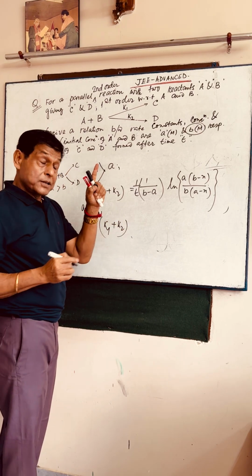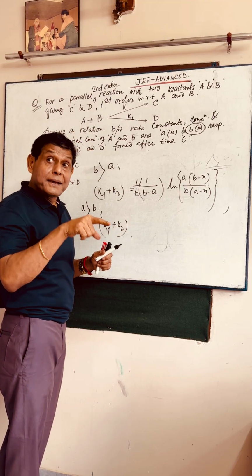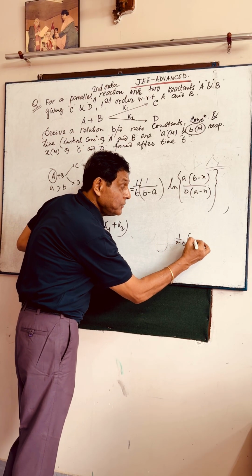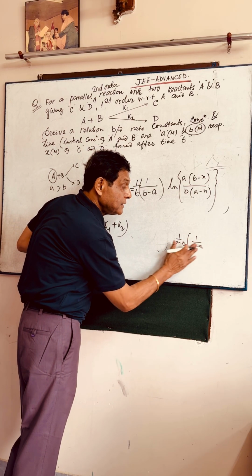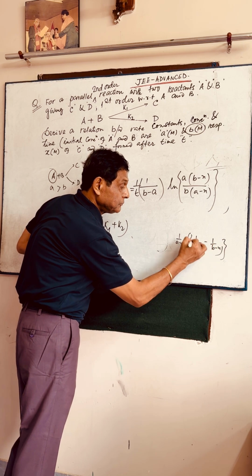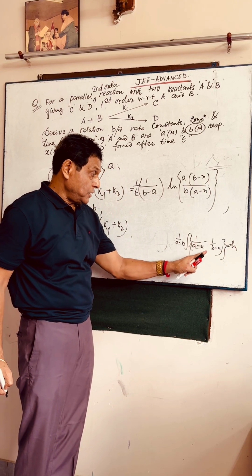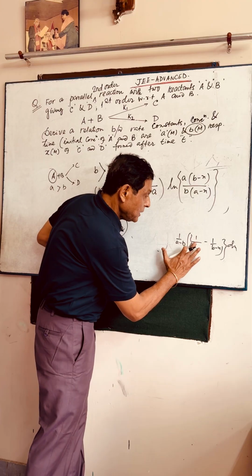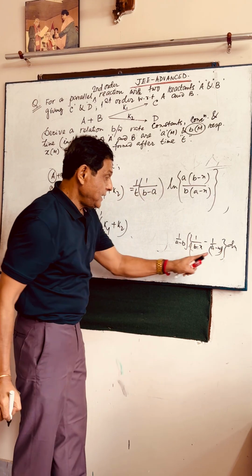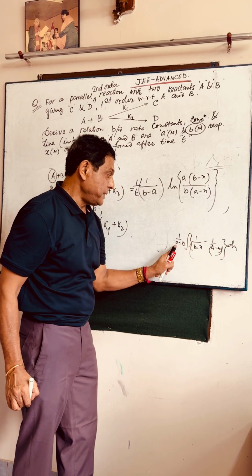In that partial fraction integration, you will take common 1 by A minus B. Then it will be 1 by B minus X, A minus X minus B minus X, remember. Because A minus X and B minus X, the LCM will be B minus X and A minus X. That is A minus X minus B plus X, X cancels, A minus B will come.